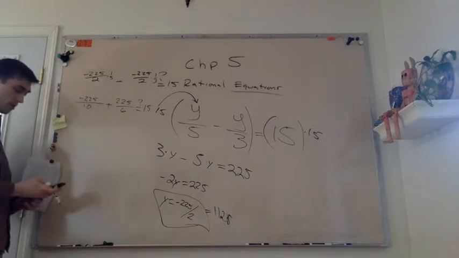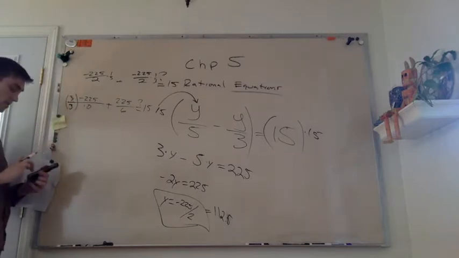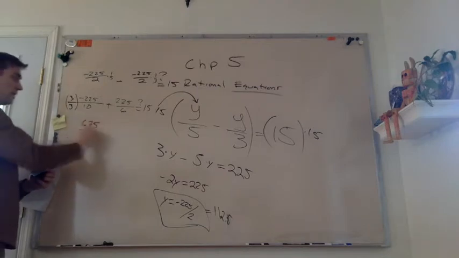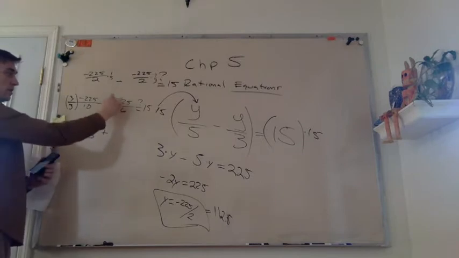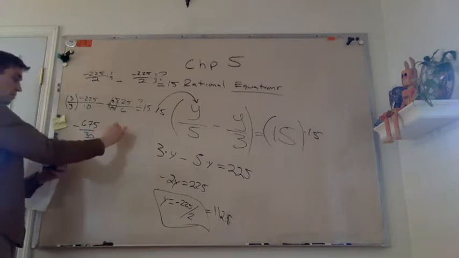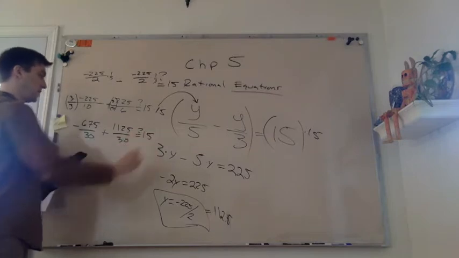It's a lot of work to check. Multiply this through by 3. 225 times 3, negative 675 divided by 30. This one here, you multiply by 5. 225 times 5, 1125 divided by 30. Is that equal to 15?